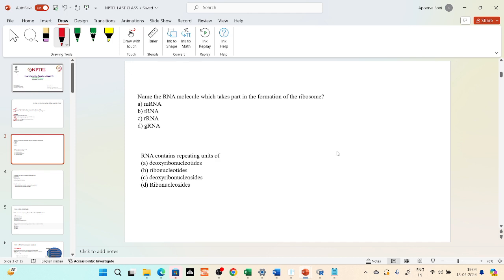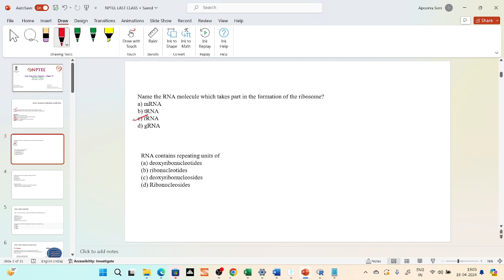So, as we have studied in our last class, it is rRNA, that is ribosomal RNA. mRNA is basically involved in the coding. When I talk about coding, what is the meaning here? Coding means that mRNA has the sequence that codes for protein. So, mRNA gives us the sequence.